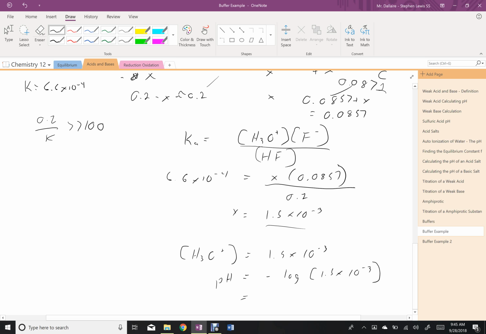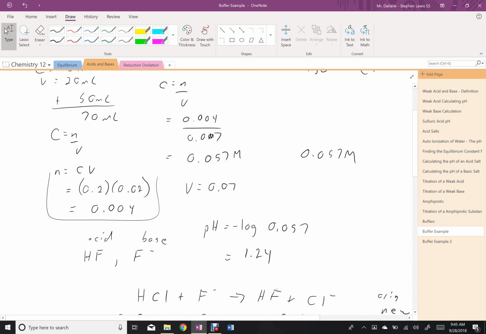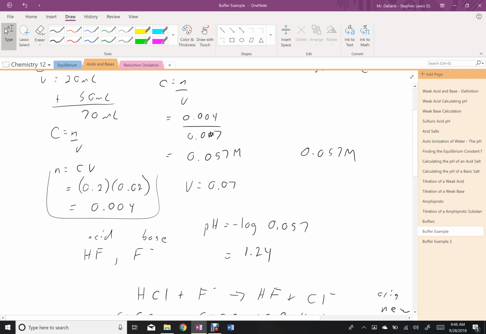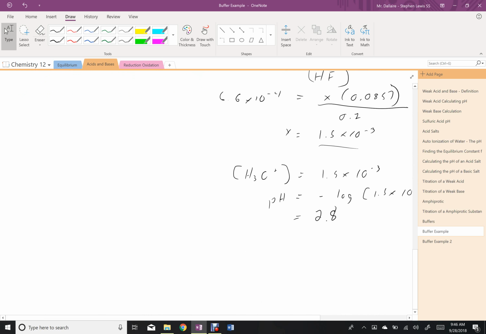And that's 2.8. So with no buffer, adding the acid to the water dropped the pH all the way down to 1.24. By having the buffer, the pH was only dropped to 2.8. Those numbers aren't that different, but remember the pH scale is a logarithmic scale. For every 1 on the pH scale, you're talking about a factor of 10.